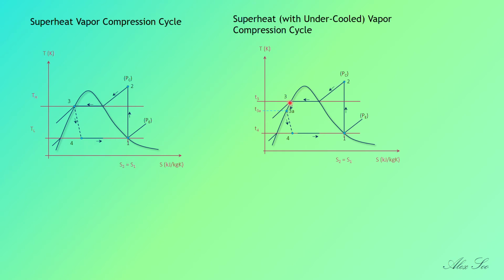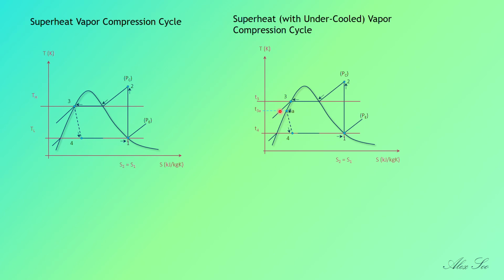If, for example, you take a look at my laser pointer, the red point here on the condenser pressure line on the superheat with undercooled vapor compression cycle, in actual practice your actual point 3 should be here, as I am showing with the laser pointer.